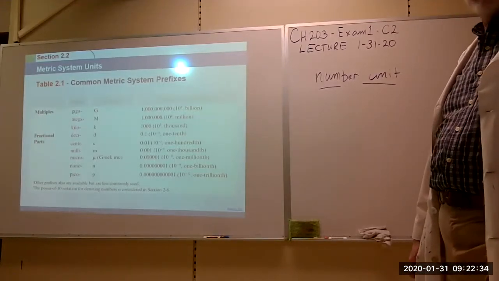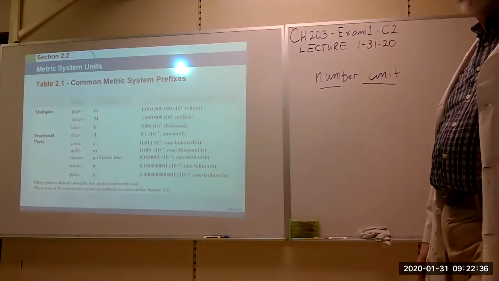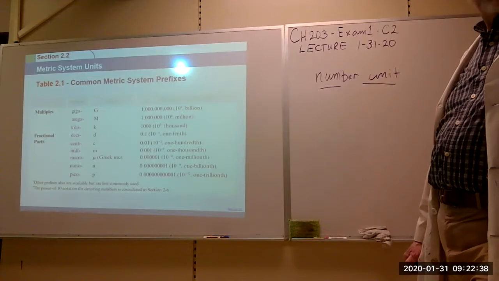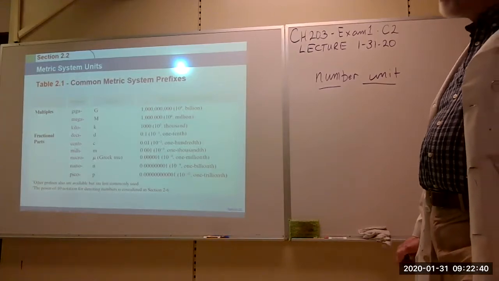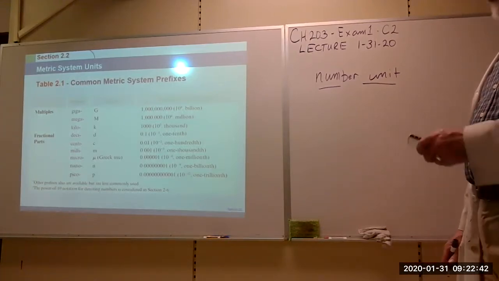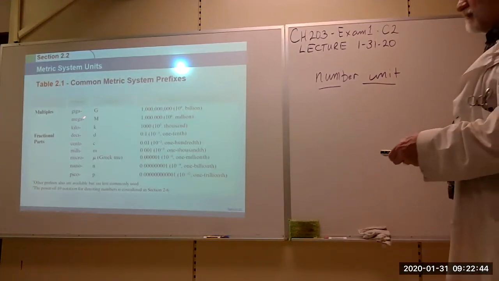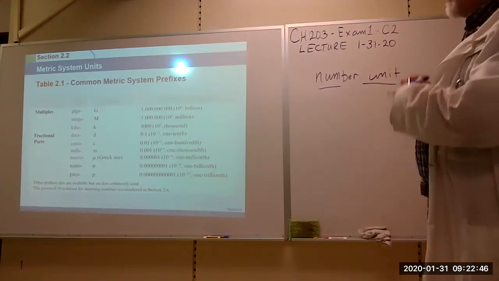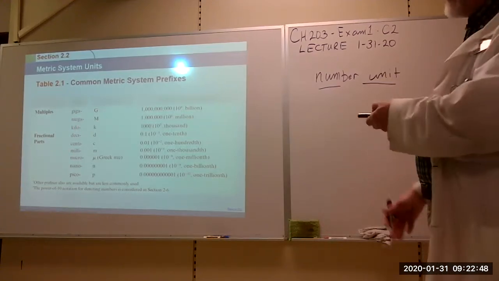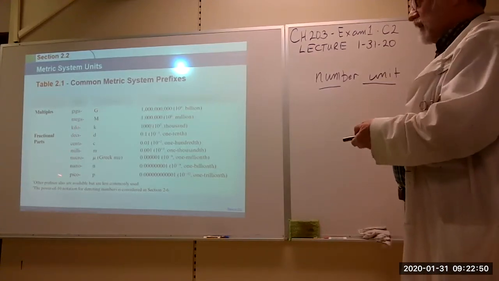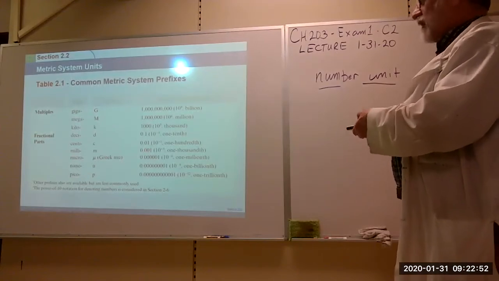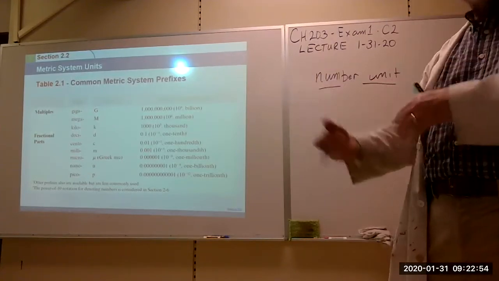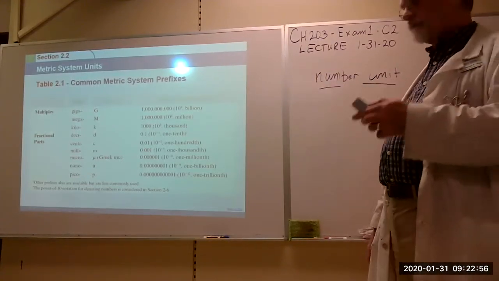That's becoming affordable. I mean, even solid state is becoming more affordable at that size. But these are all prefixes that modify the size of the base unit. And it doesn't matter what the base unit is, these are always those multipliers of the base unit. Okay?